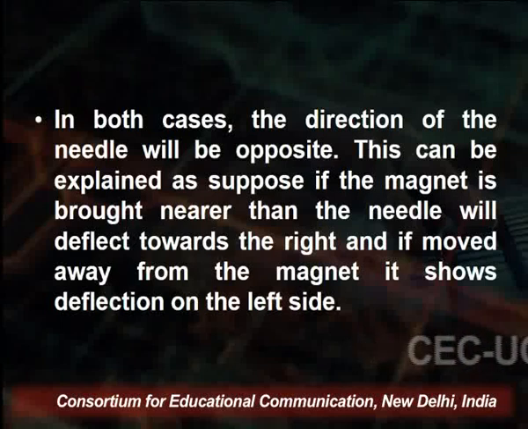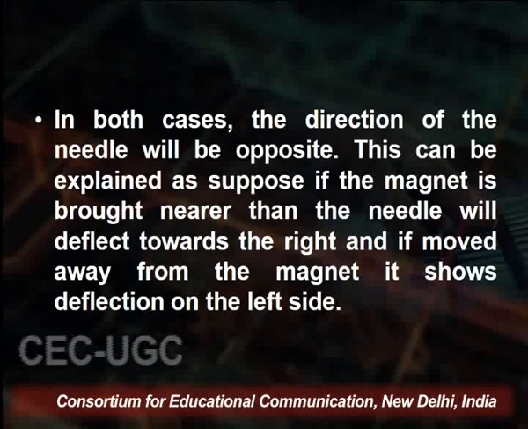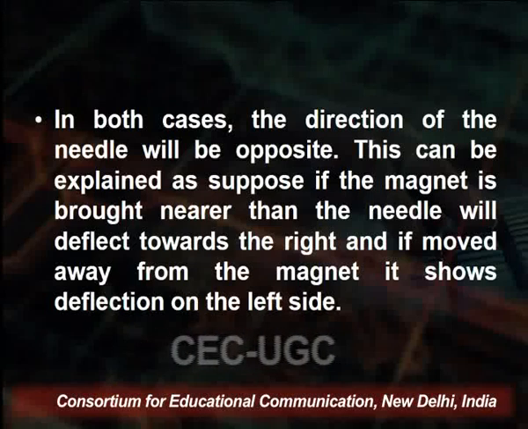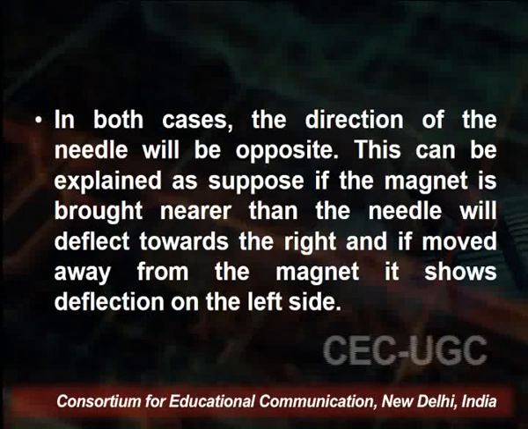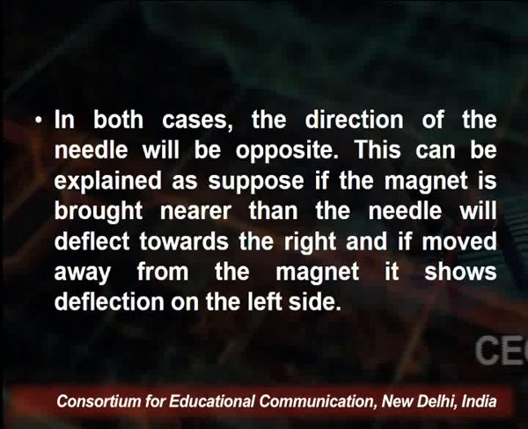In both cases, the direction of the needle will be opposite. This can be explained as: when the magnet is brought nearer, the needle will deflect towards the right. When it is away, then it moves towards the left hand side. That is the opposite case when we move the bar magnet nearer and away.